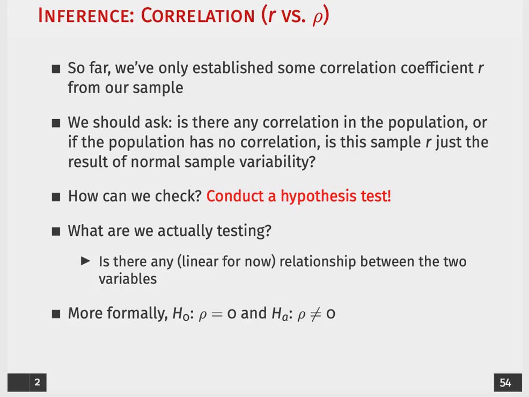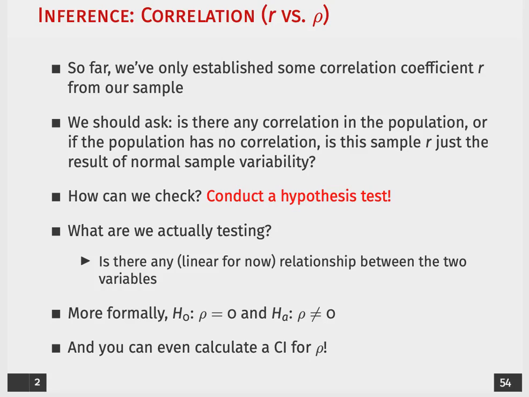And more formally, we're going to write this as our null hypothesis is that rho, remember, because we're making an inference about a population parameter, so out in the wild, that true underlying correlation between these two variables is equal to 0. That's going to be our null hypothesis. So if we find sufficient evidence to reject the null, that would indicate, right, that there likely is a true underlying association out in the population.